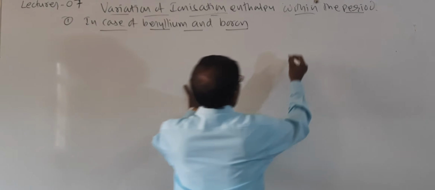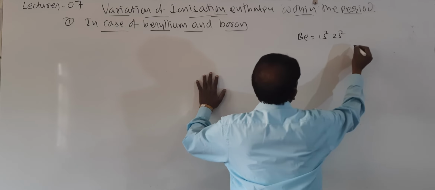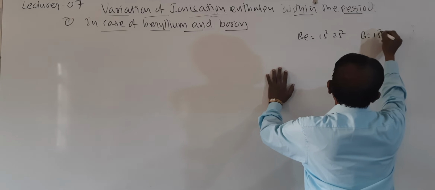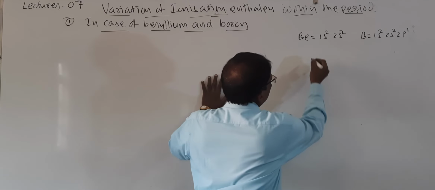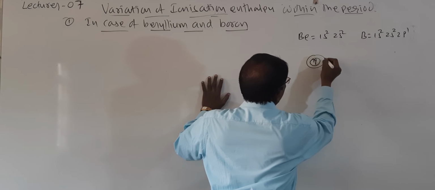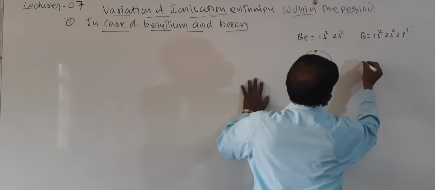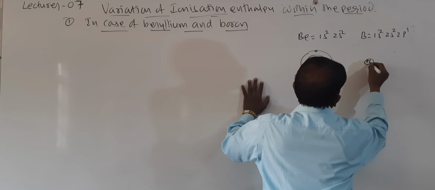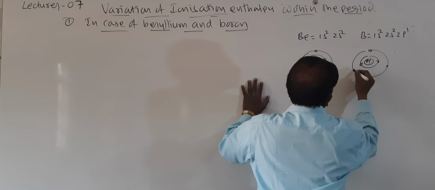In case of beryllium and boron, look here, what happens? I will write here, beryllium, it is 1s2, 2s2, boron, 1s2, 2s2, 2p1. Look here students, in beryllium it has 2 electrons and another 2 electrons here, and in case of boron, it has 2 electrons here and here it has 3 electrons.